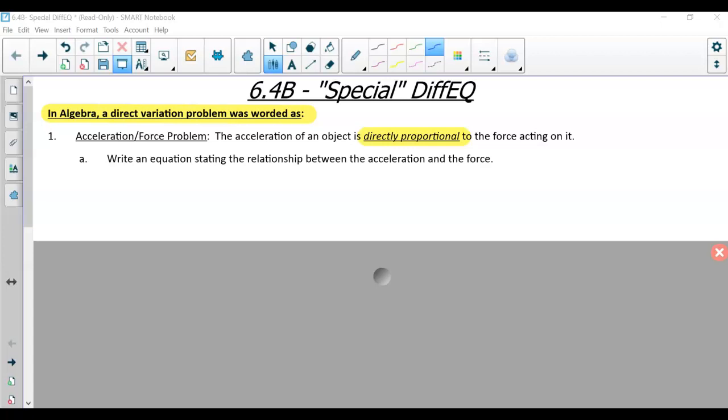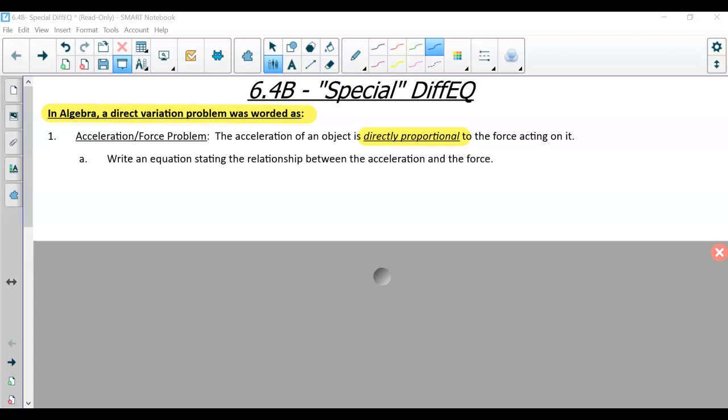But direct variation means that there exists some constant k that makes two variables equal. For instance, an acceleration/force problem. The acceleration of an object is directly proportional to the force acting on it.